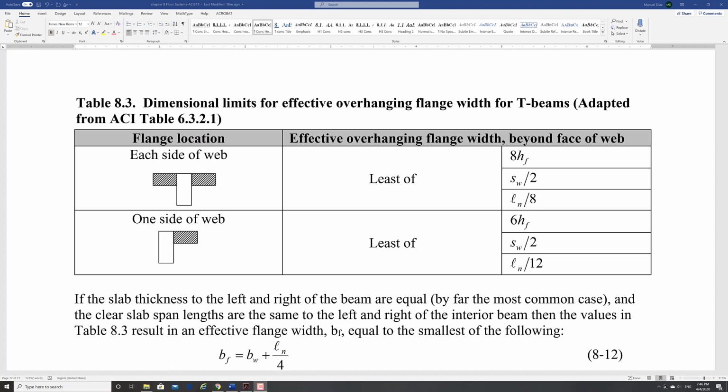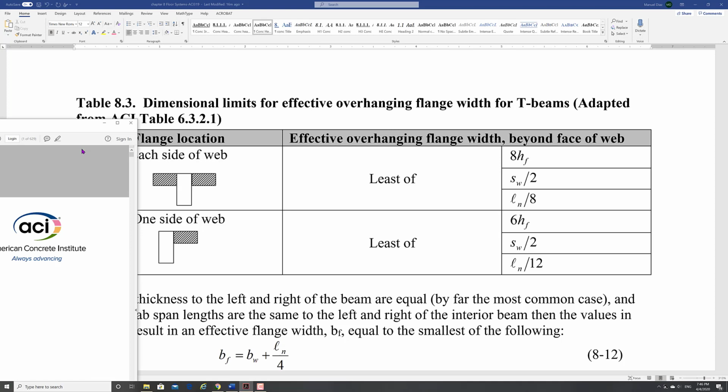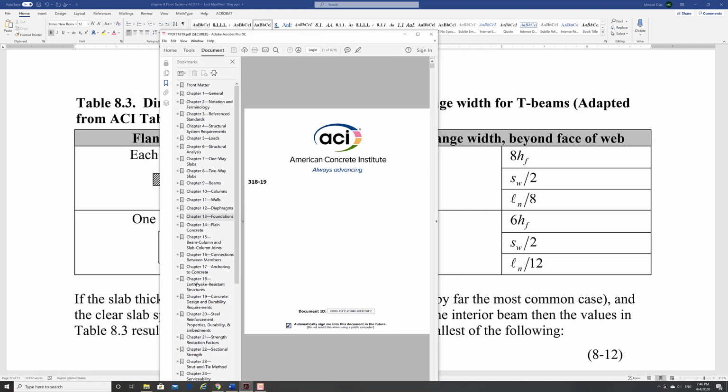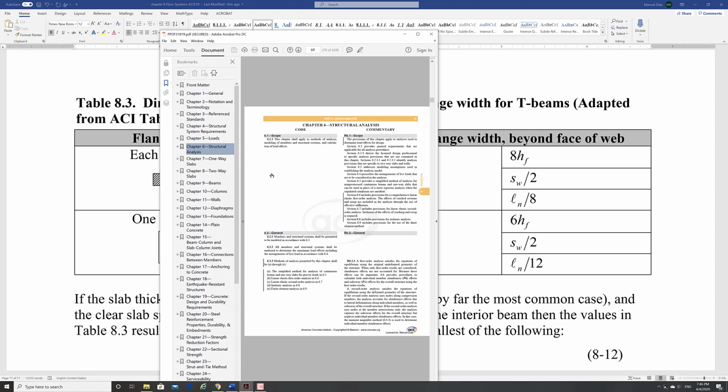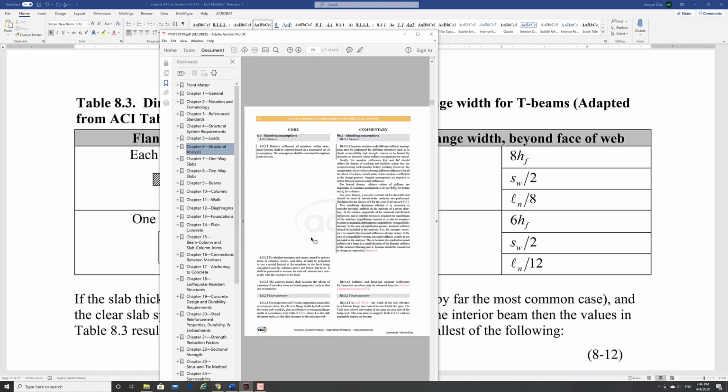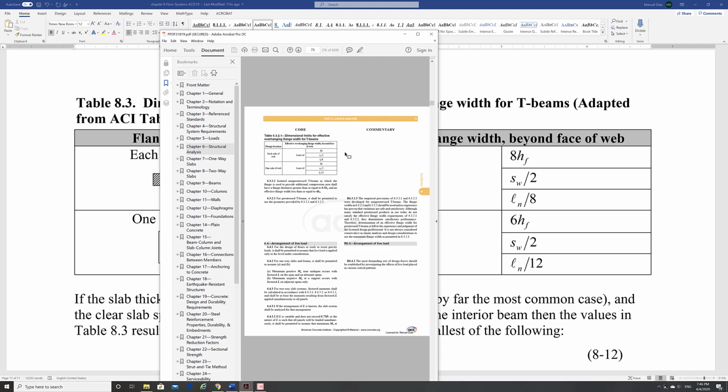So if we go to your code, section 6.3.2.1, right here. So this is the table in geometry that it gives you. And these are the same values that I just copied.